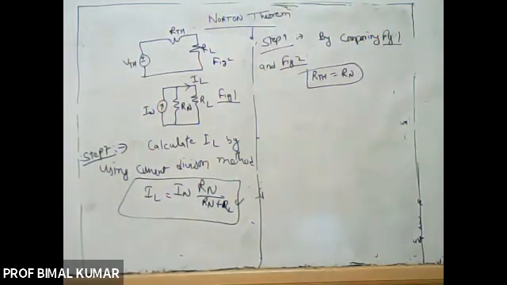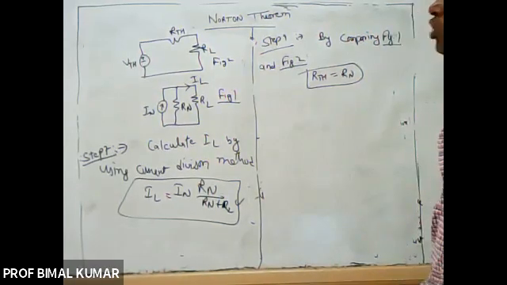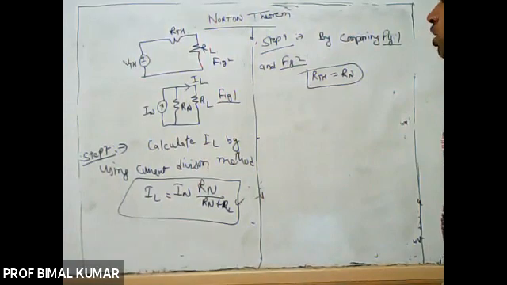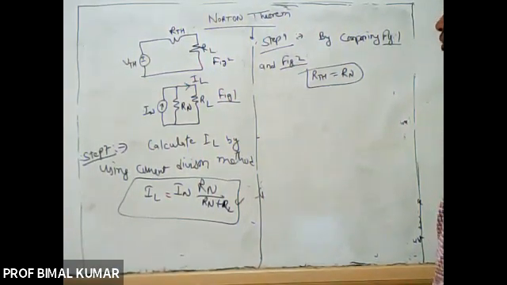If they are for the same network, then RTH must be equal to RN, right? I am just keeping this in mind: I am solving this circuit for the same network.